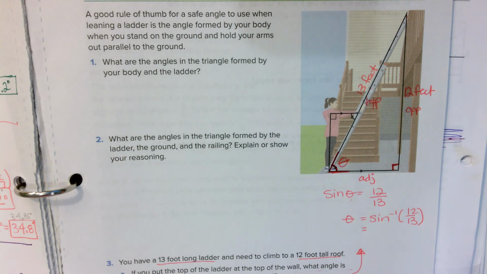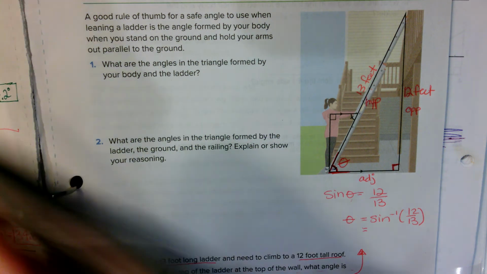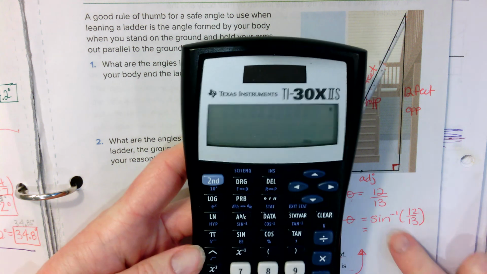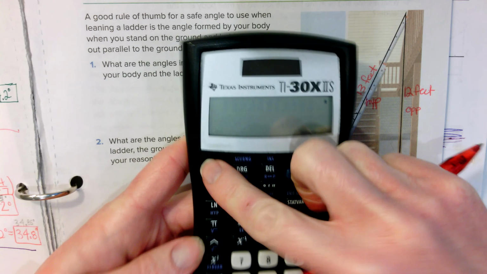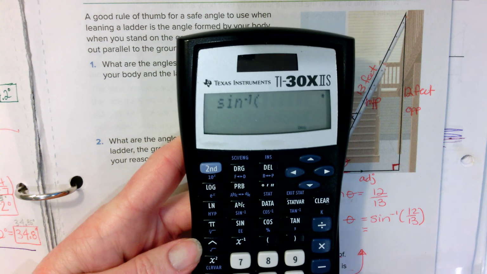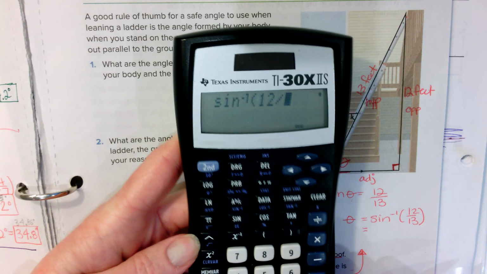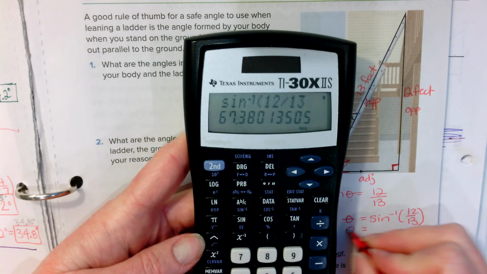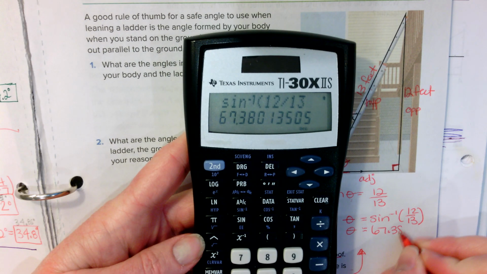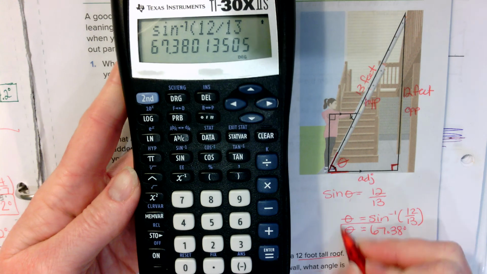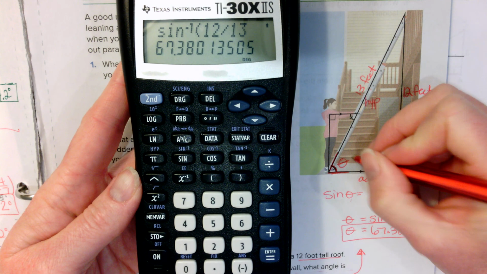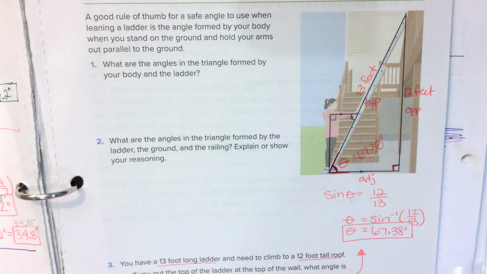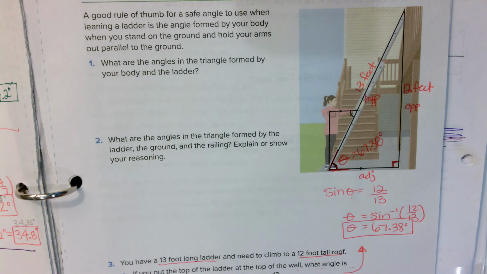So let's put that into my calculator. I'll use the navy one for this one. On this calculator, I'm going to put my sine inverse in first, and then I'm going to put my 12 divided by 13 and hit equals, and that looks like theta is 67.38 degrees.